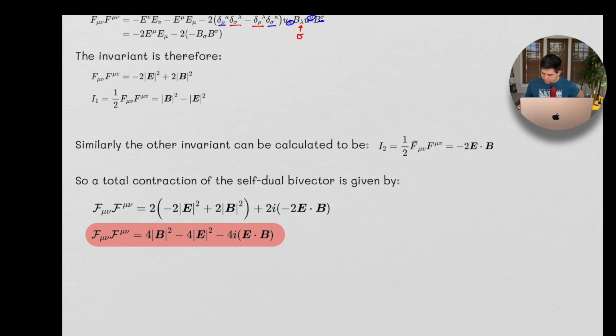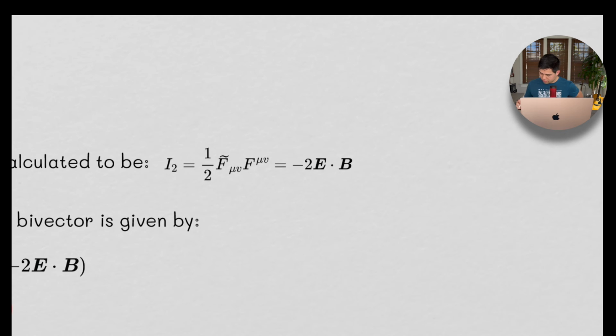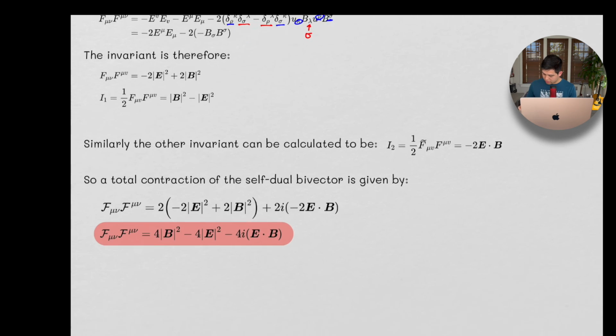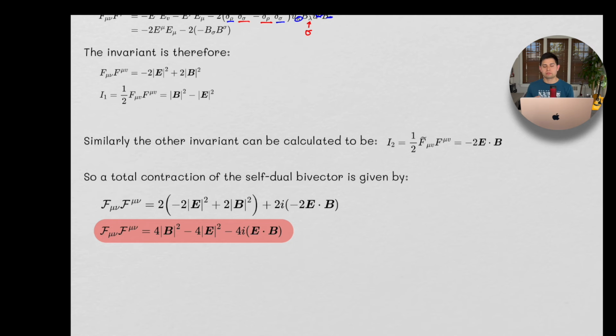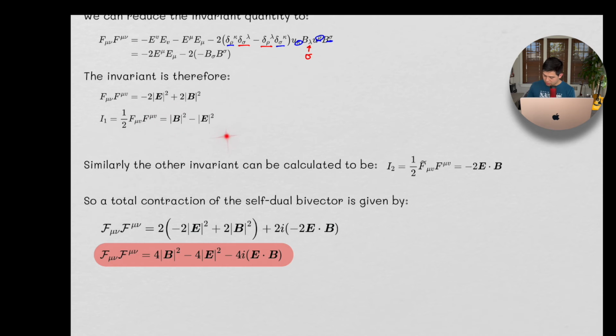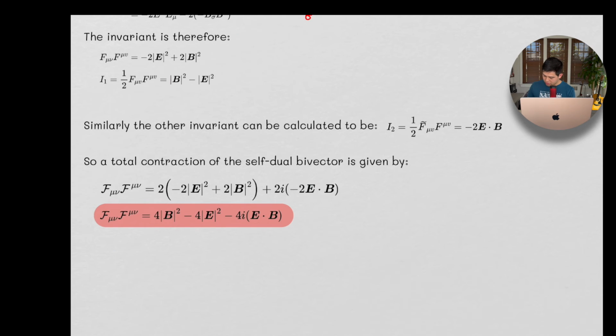All right, so similarly, the other invariant can be reduced to this right here. I'm not going to go through that calculation just because that'll take a while. If that's something that you want to see, I can definitely do that. But I don't want these videos to go on for too long. So a total contraction of the self-dual bivector is therefore given by this, right, which is this here.